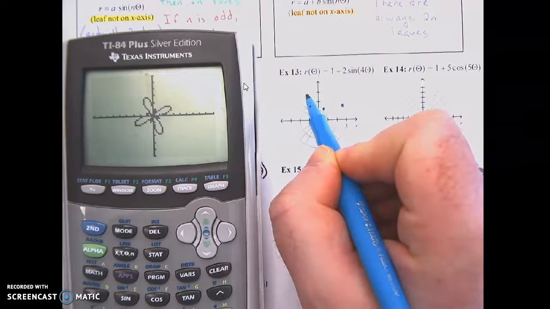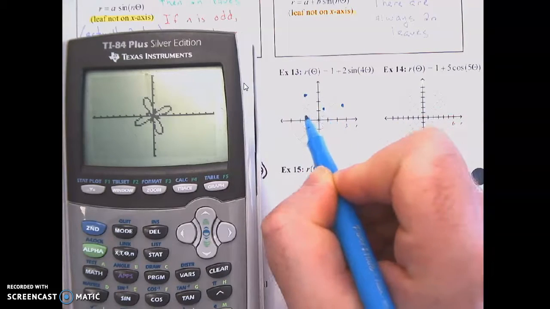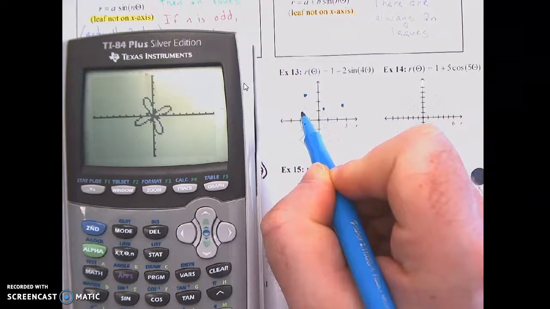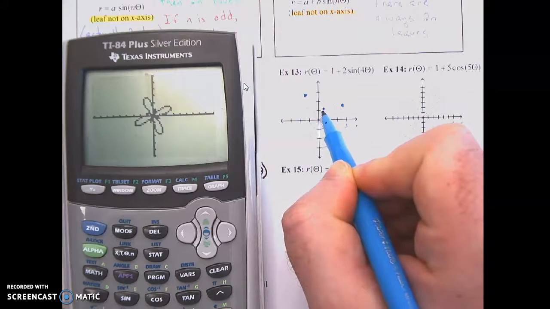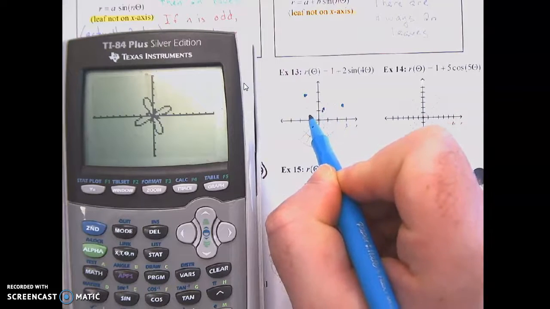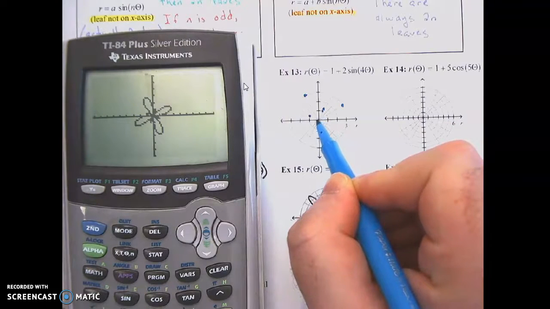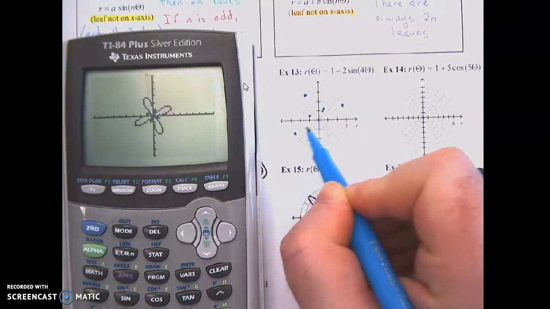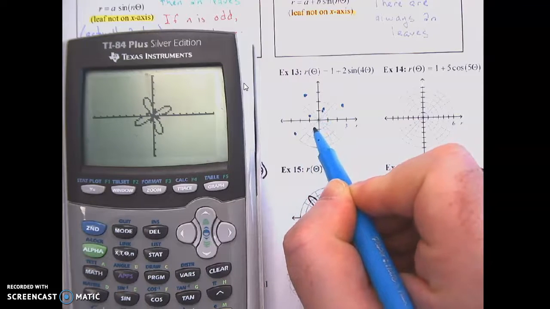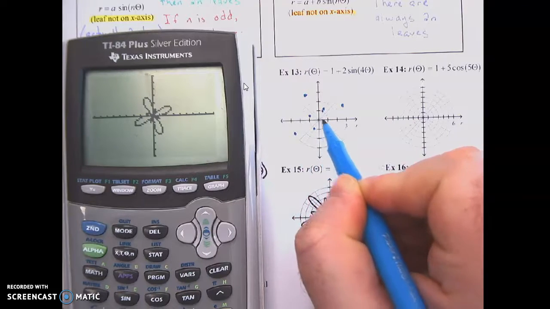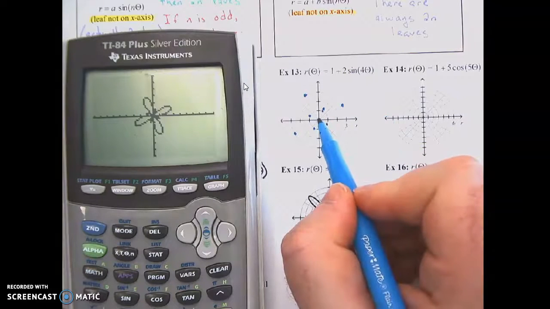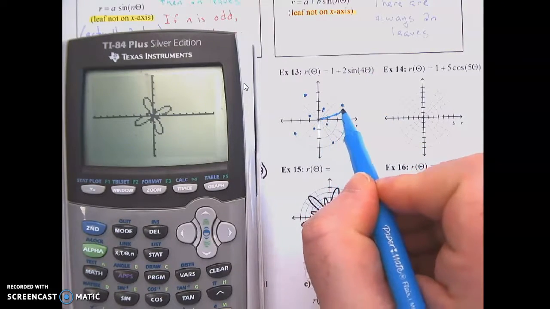Let's say here and here. That wasn't a very good one, was it? Here and here. And then again, when you draw this, just keep going. So big leaf.